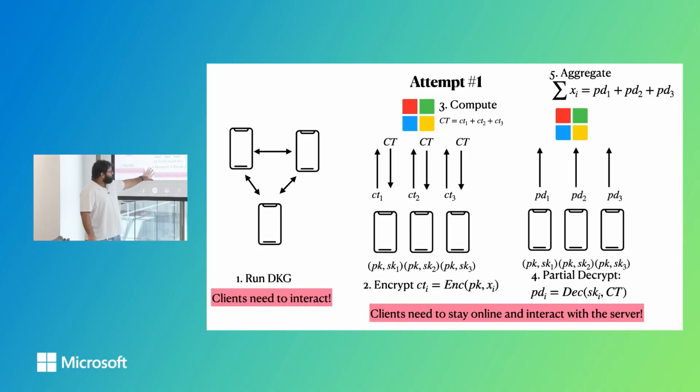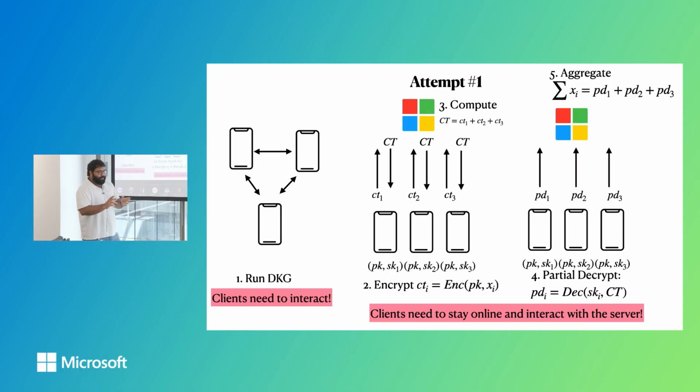And the second issue here is that you see that the clients need to stay online to interact with the server, right? They need to stay online and wait until the server sends an aggregated ciphertext, and then compute something and send it back to the server. So it might be the case that some clients drop off because these are our phones. We go into an area where there's no network, or we switch off a phone, and then it should not be the case that the aggregation is just not completed.